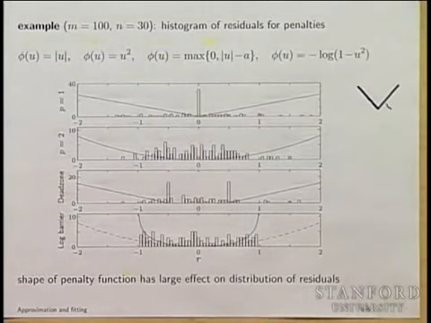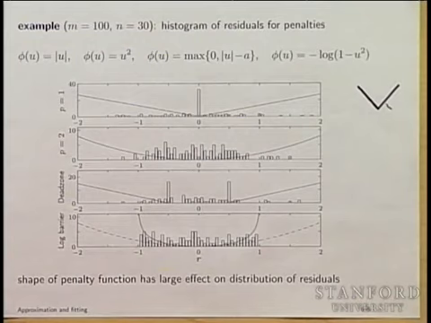By the way, I didn't show it here, but if I minimized the L infinity norm, what do you think the residual distribution would look like? All of them about equal, in absolute value. Exactly.